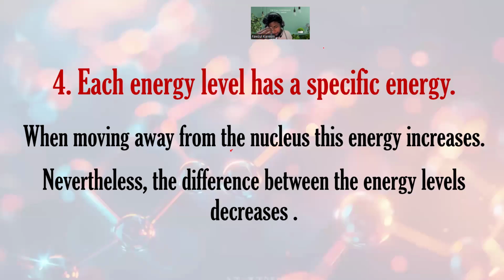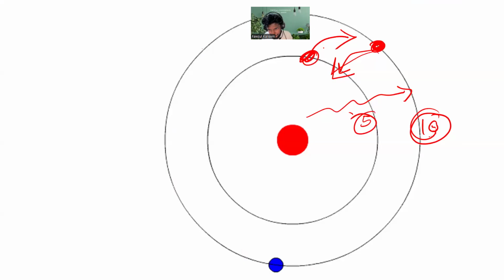Sir, when there are more layers, are they moving one by one? Yes, they will move one by one. Listen here, you may have many doubts about the energy levels. All these things will be explained very clearly with the practical in your A levels.